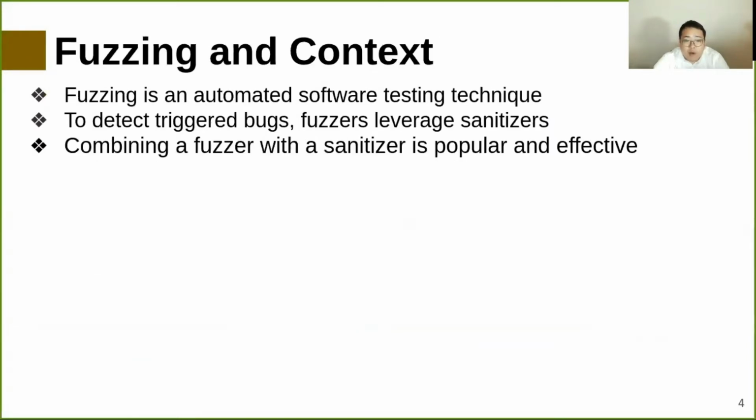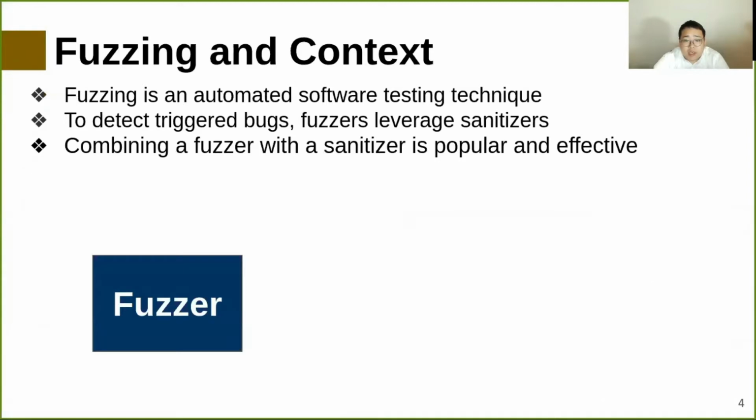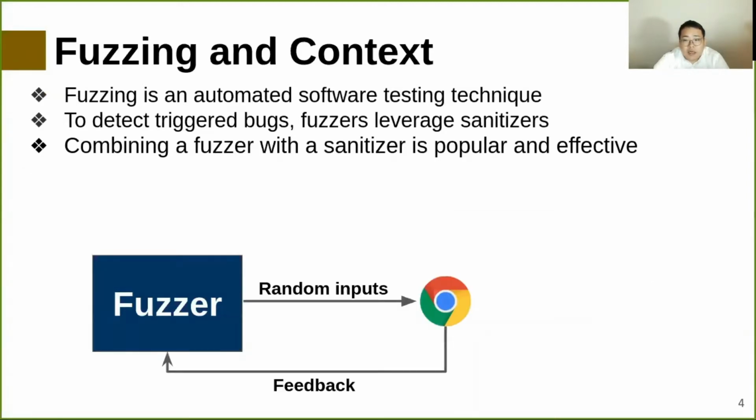Next, let me talk about fuzzing. Fuzzing is an automated software testing technique. During fuzzing, the fuzzer generates random inputs and receives feedback from the test program. Based on this feedback, the fuzzer continuously generates inputs and then tests the application with these generated inputs. During this repetition, when the target program causes segment fault errors, the fuzzer can detect bugs.